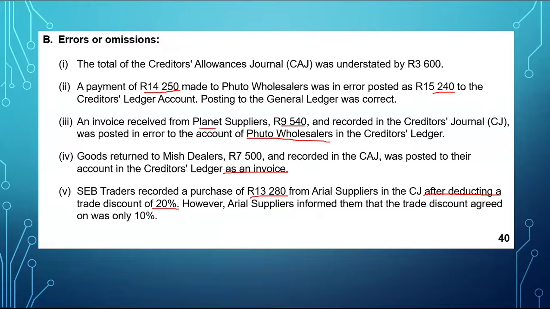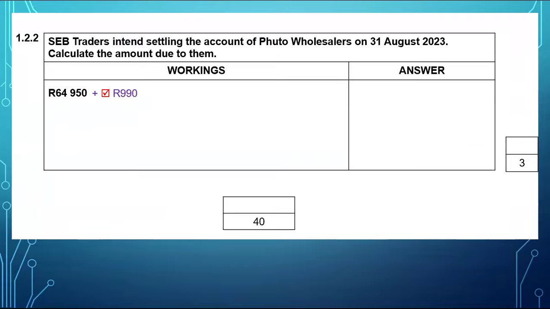So we need to reduce Puto Wholesalers account by that 9,540 because it's not for them. It was for somebody else. We bought these goods from somebody else, not from Puto Wholesalers. So we don't owe Puto Wholesalers that much. So we need to reduce what we owe them by 9,540, meaning that at the end of August, we owe Puto Wholesalers 56,400, and that's how much we need to pay them.